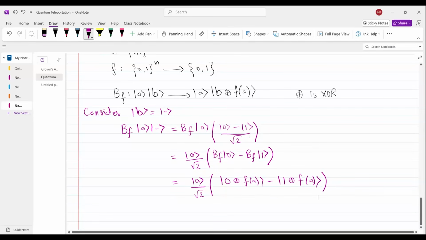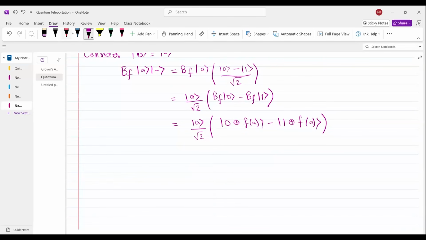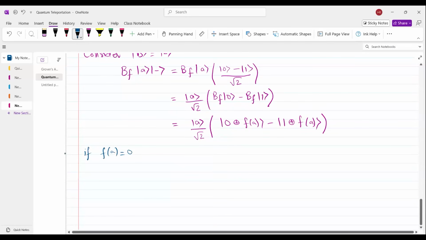So there exist two possibilities: either f of a is equal to 1 or f of a is equal to 0. Let us consider both cases. First, f of a is equal to 0, then B of f is just going to remain the same.